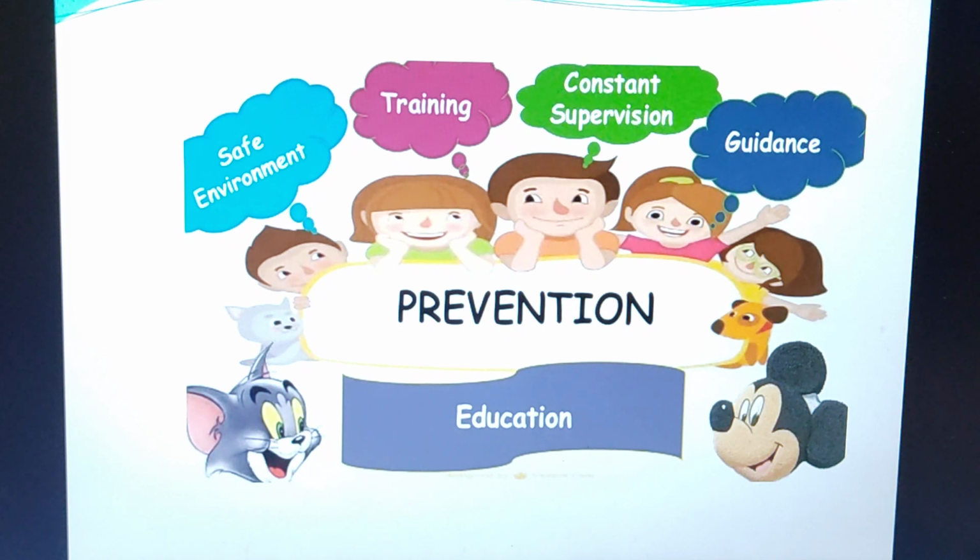Constant supervision must be kept upon your child: where the child is going, what they are playing with, and what they are eating. You have to observe everything and keep constant supervision over the child's movements.